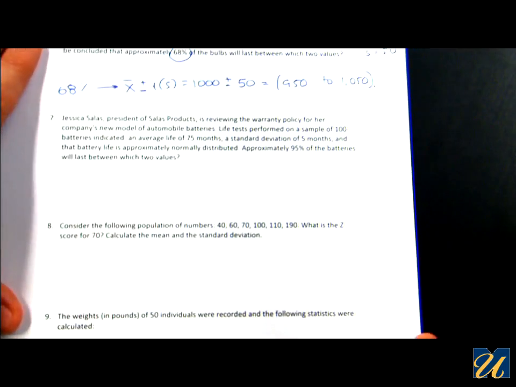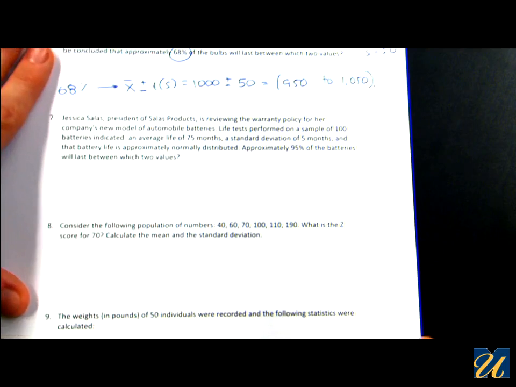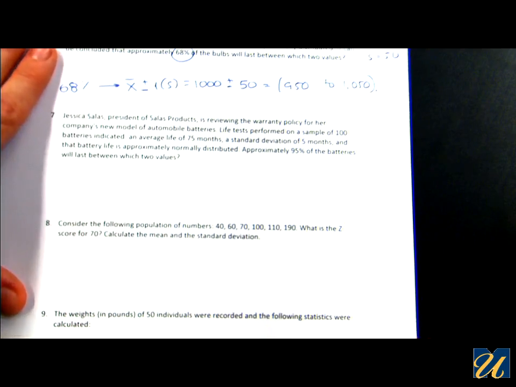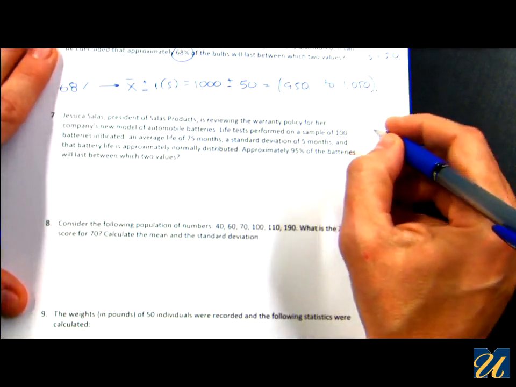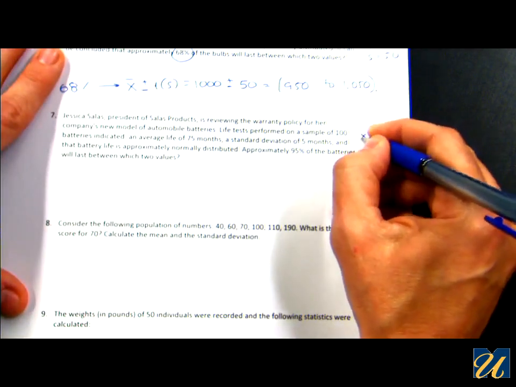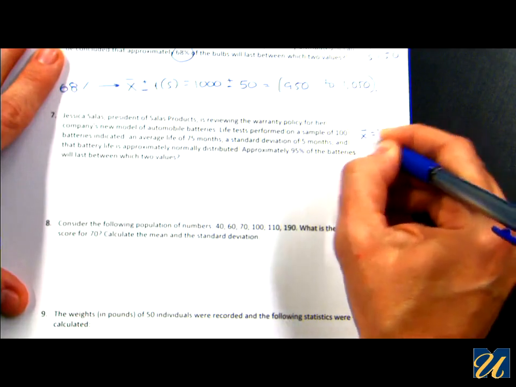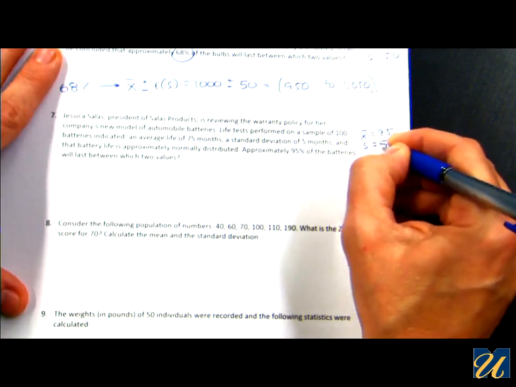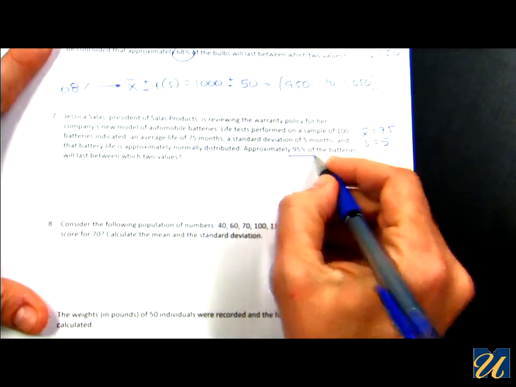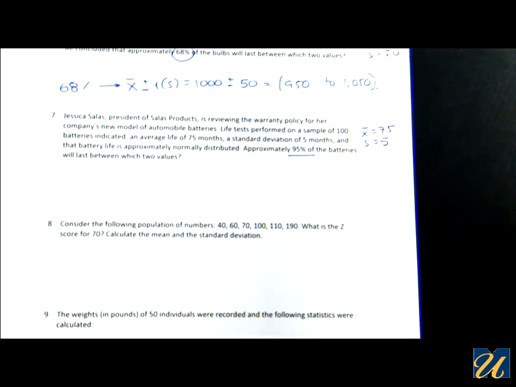Jessica Salas is reviewing the warranty policy for her company's new model of automobile batteries. Life tests performed on a sample of 100 batteries indicated an average of 75, standard deviation of 5 months, and that battery life is approximately normally distributed. Approximately 95% of the batteries will last between which two values?